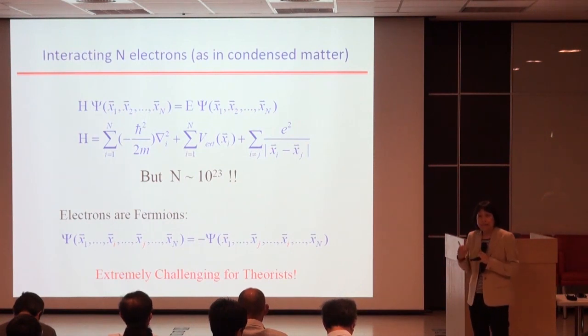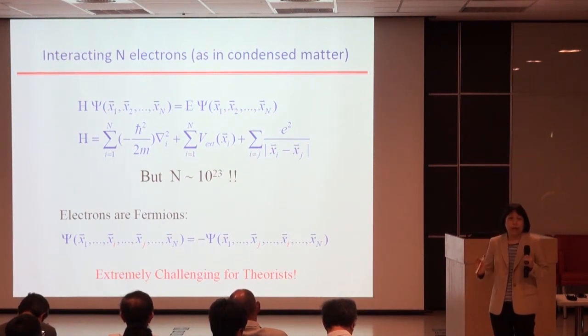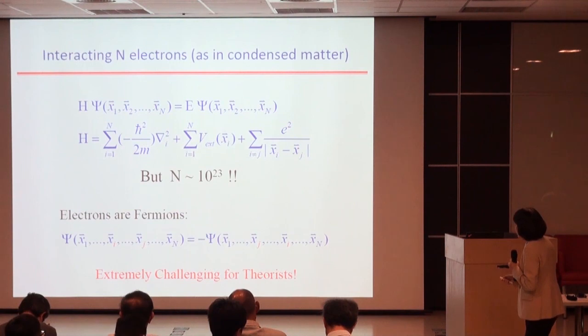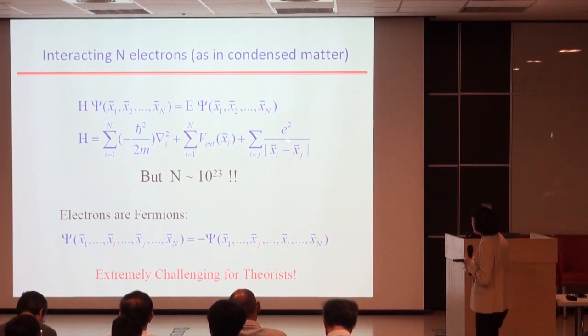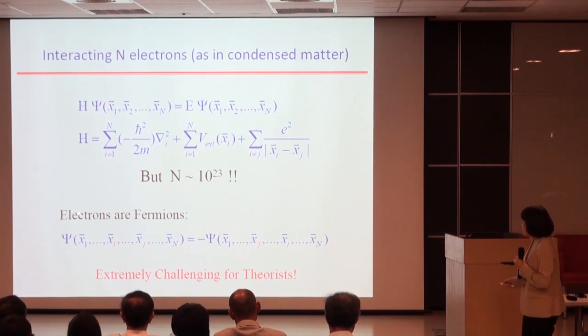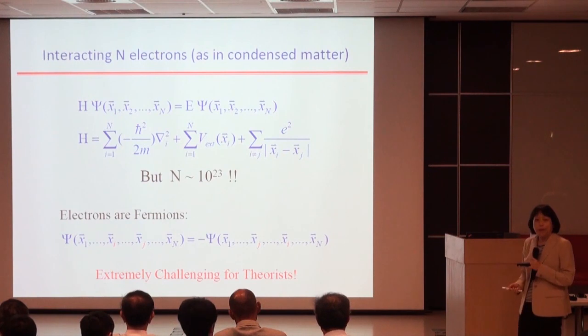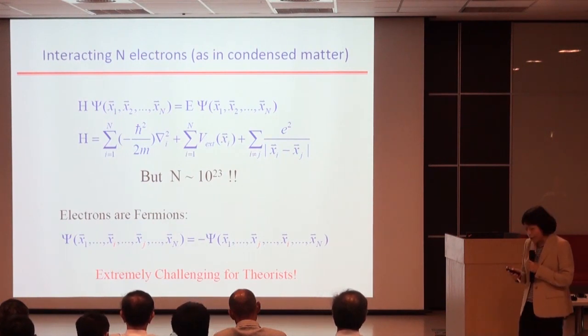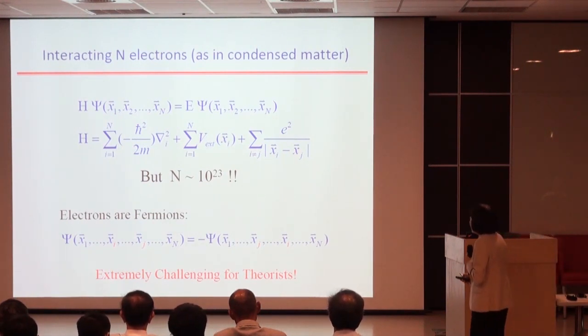Okay? To some physicists, if we know the Hamiltonian, the problem is solved. But for us, we really want to get numerical answers out of this equation. And of course, electrons are fermions, so there are even more challenging problems, as we need to deal with electron correlation. Okay?